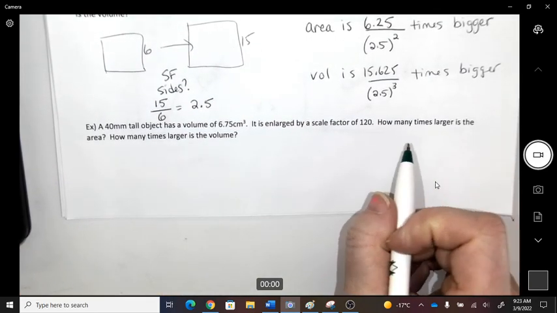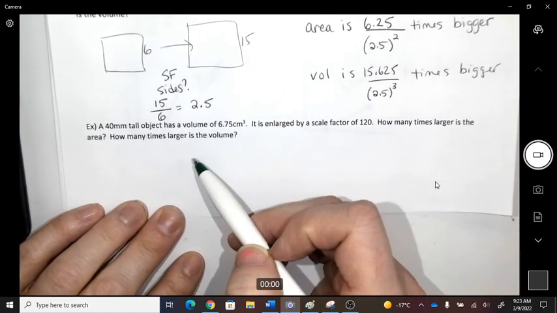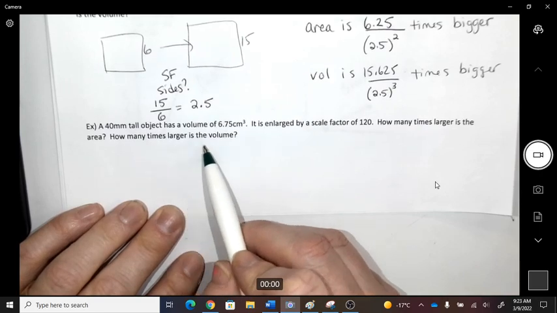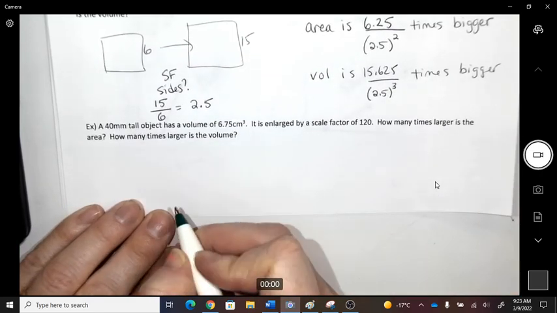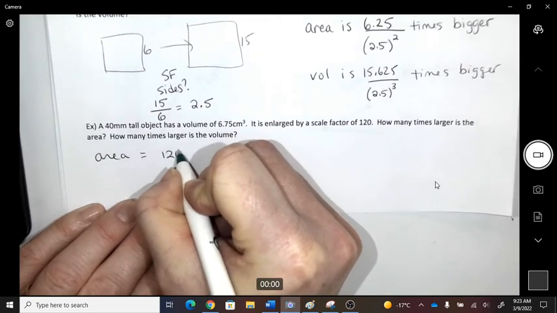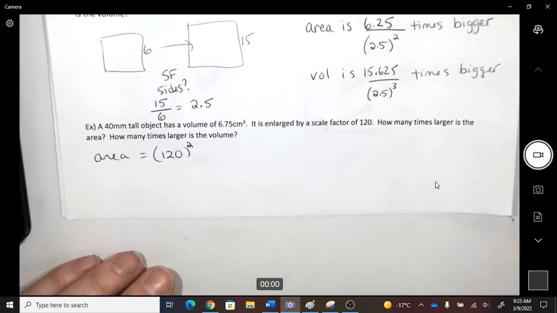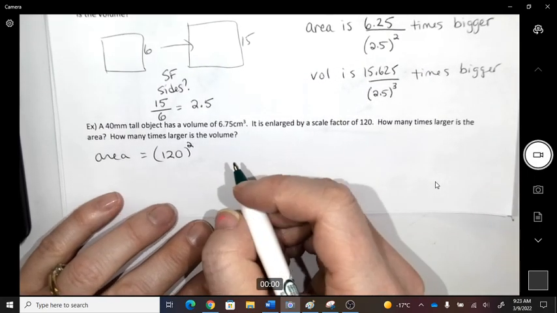Okay, how many times larger is the area? How many times larger is the volume? So the area will be 120 squared times bigger.